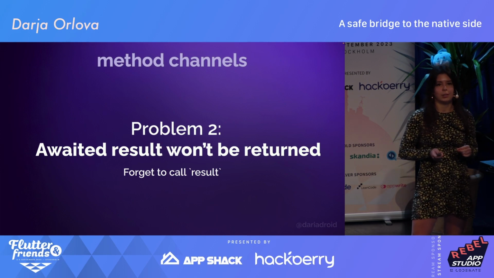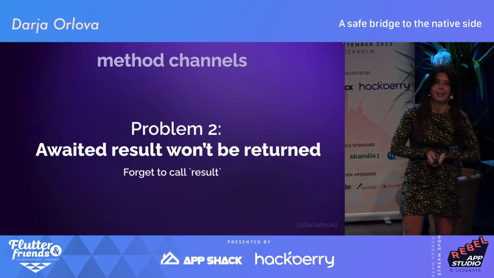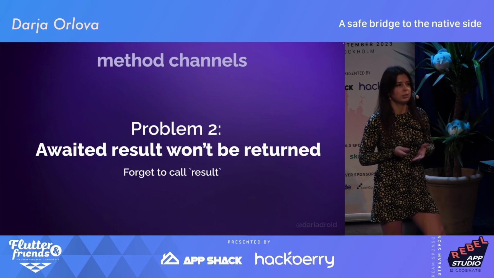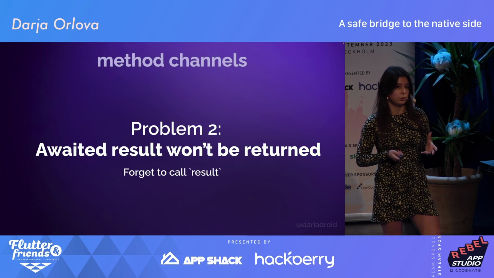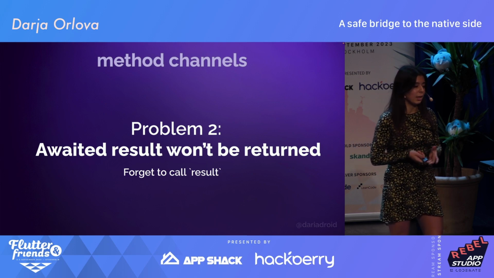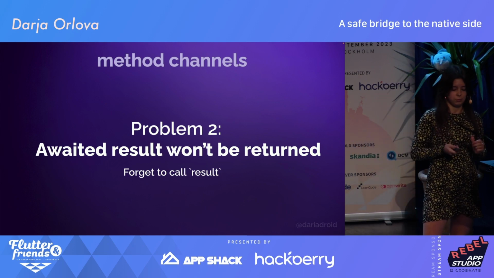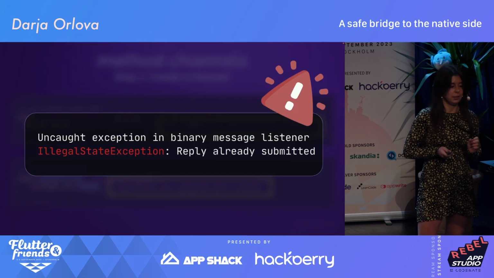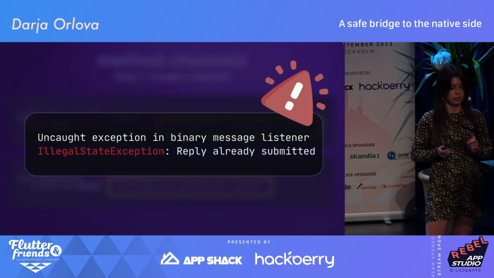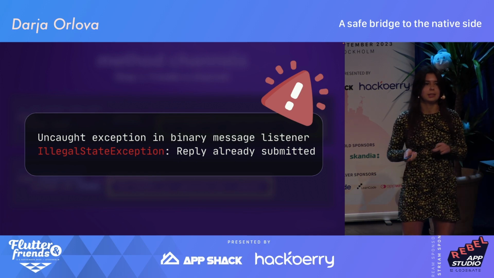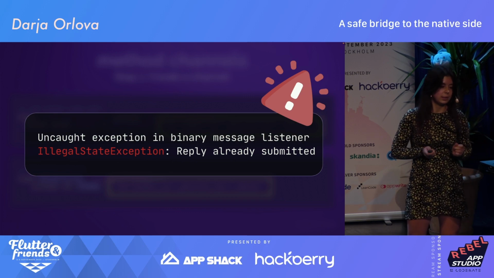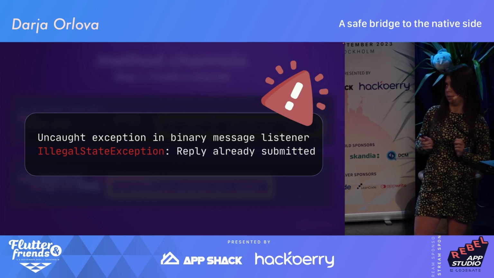And you would say, well, don't forget to call result. But we are people, and it's, first of all, easy to forget, especially when you are used to some kind of synchronous APIs. And this requires a bit of a mind-change. And another thing is if we, for example, call this twice, in one place we call success and in another we call error, we will get another exception, which is called the IllegalStateException, reply already submitted.